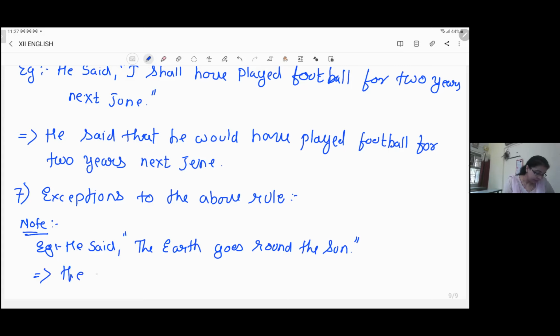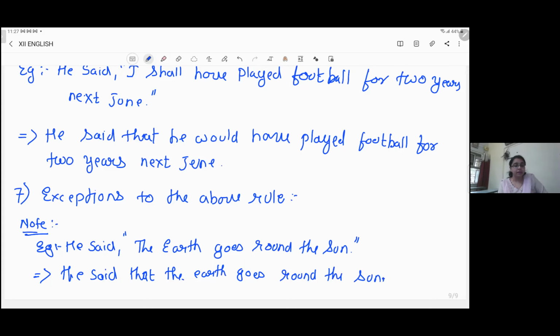He said that the earth goes round the sun. You can't change the sentence. Just we'll add that. He said that the earth goes round the sun. This is a universal truth, it can never change. Right?